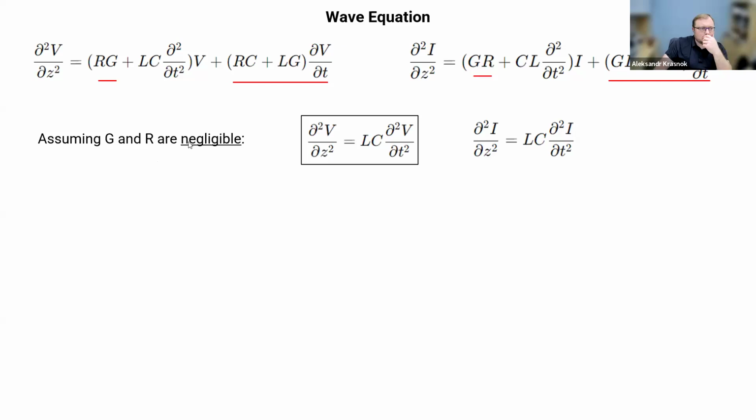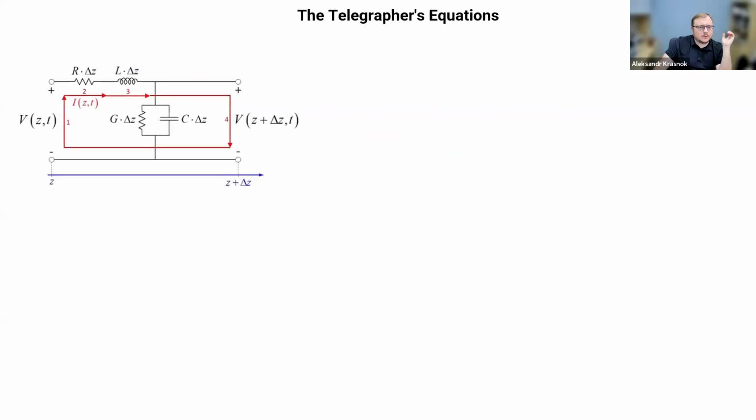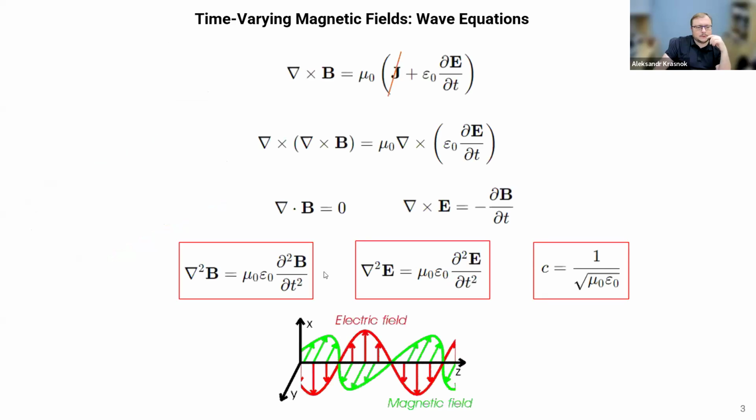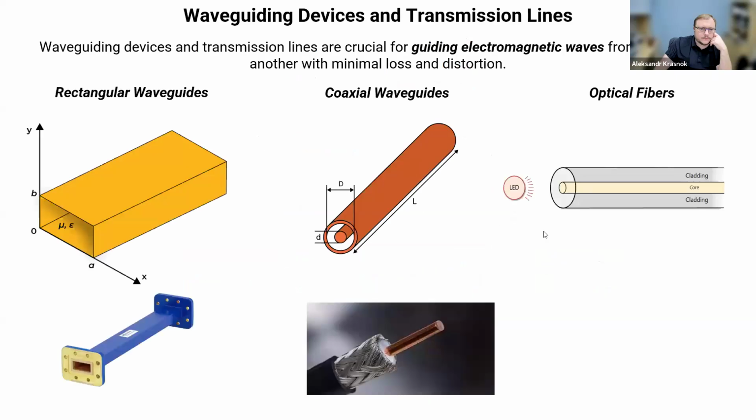And as a result, assuming that G and R are negligible, I come to these equations which look exactly like the wave equation for the electromagnetic wave. These two, up to the change of voltage by electric field and current by magnetic field.